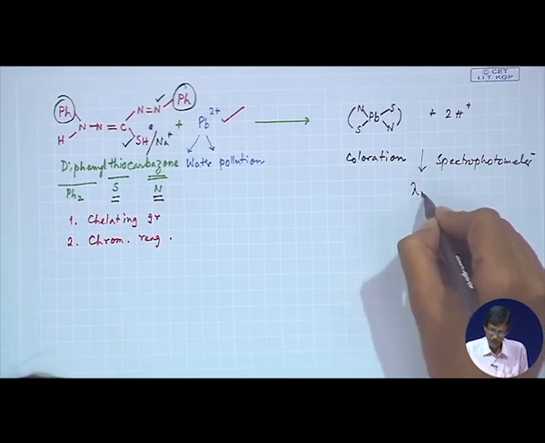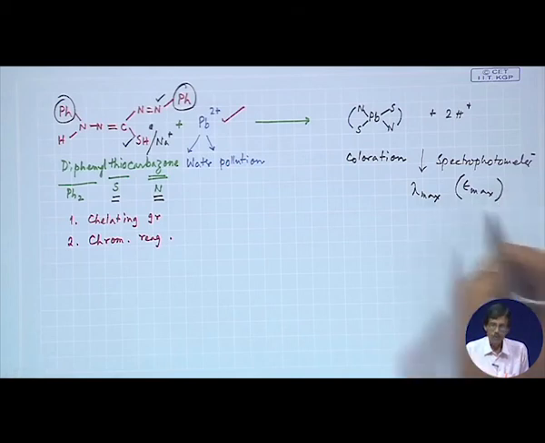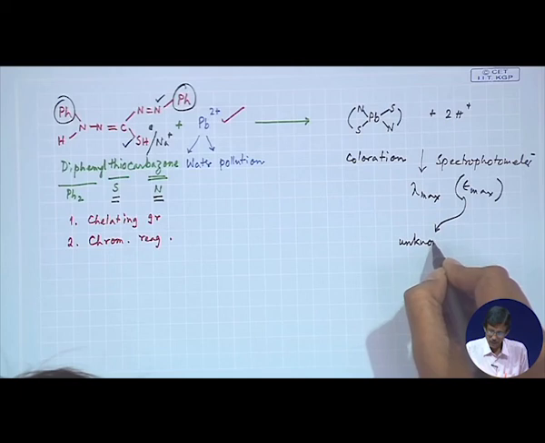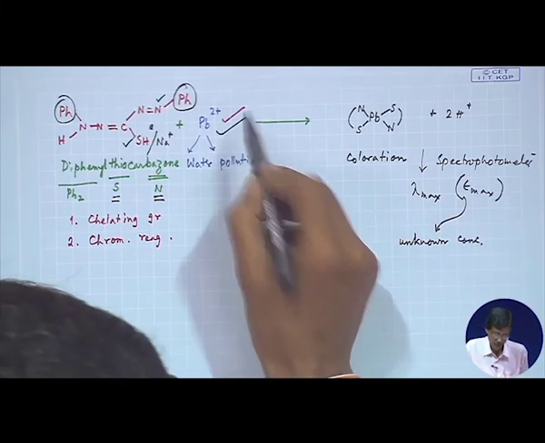That means we measure the corresponding lambda max and we take the help of epsilon max, such that we can determine the unknown concentration. Whose concentration is this? This is the concentration of this lead 2 plus.